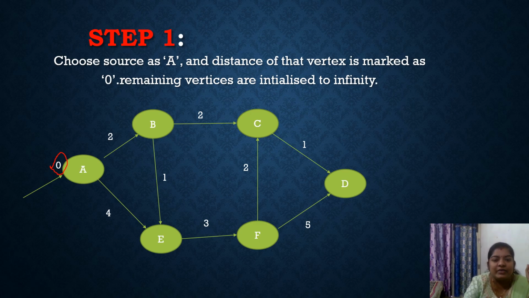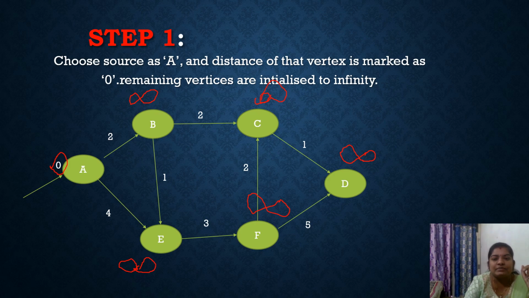And what about the remaining vertices? Those remaining vertices can be initialized to infinity. So that is the first step: the remaining vertices' distances are set to infinity.